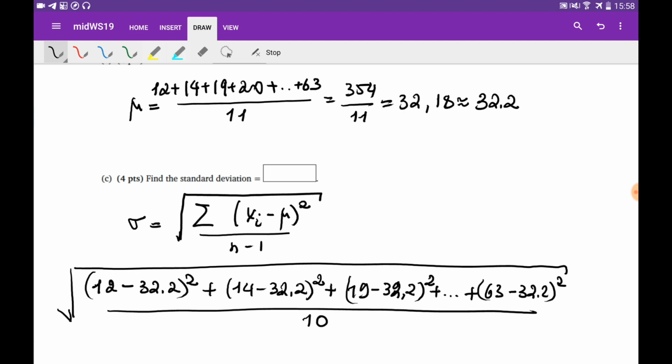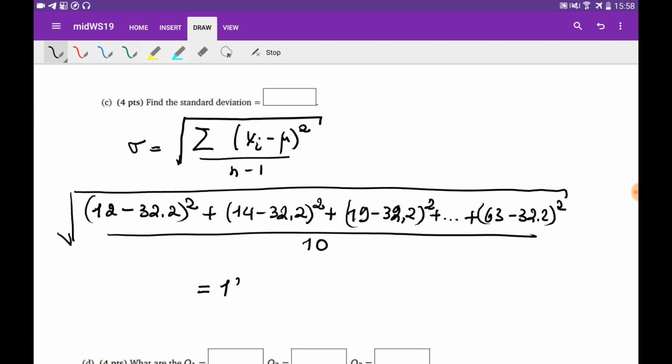So the answer is going to be equal to 19.0726.